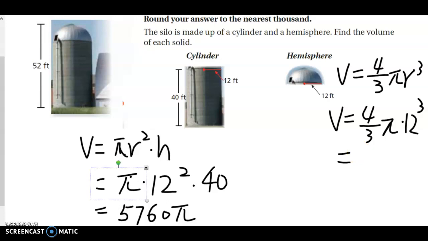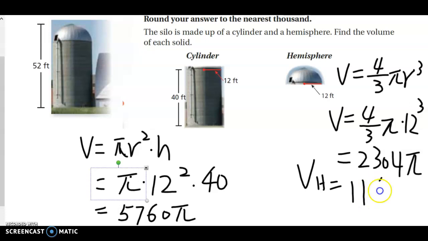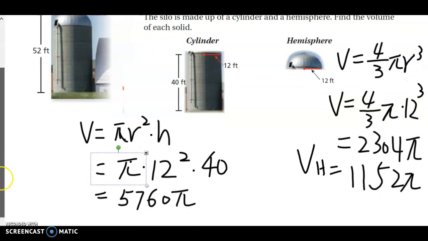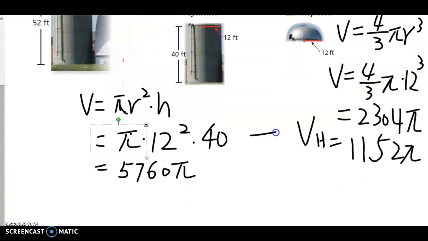The answer will be 2,304 pi. And don't forget, this is the whole sphere. We need to take half of this. So the hemisphere volume is going to be equal to 1,152 pi.